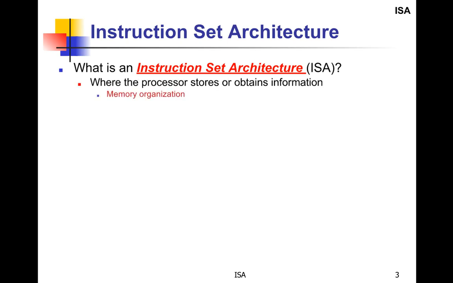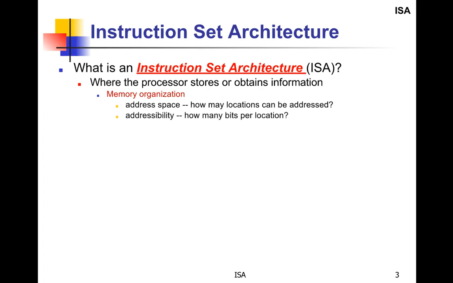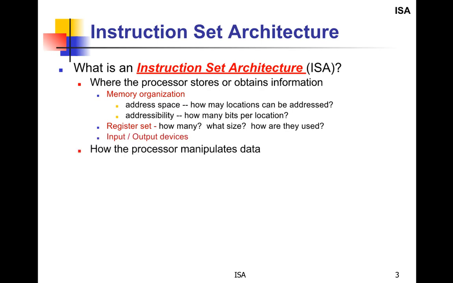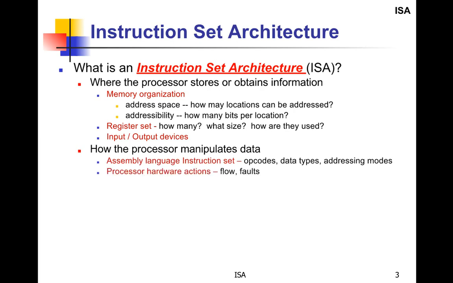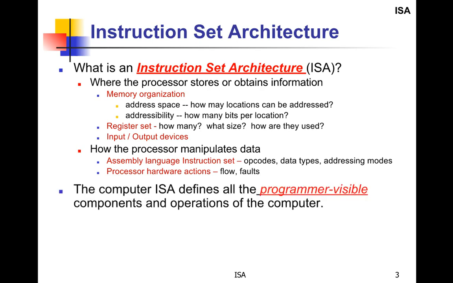Memory organization, the address space, how many locations can be addressed, how many bits per location, what register set you have, how many there are, what size they are, and how they can be used, input-output devices, how the processor manipulates the data, assembly language instruction set, which includes opcodes, data types, addressing modes, processor hardware actions, flow and faults. Basically, the instruction set architecture defines all the programmer visible components and operations of the computer.